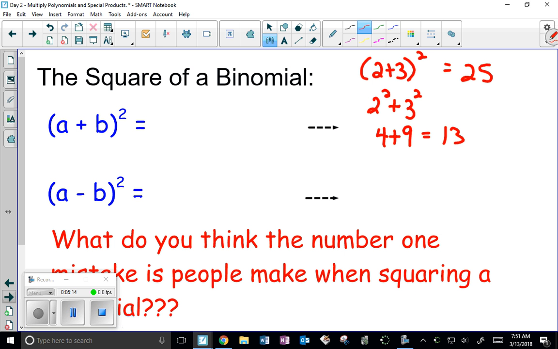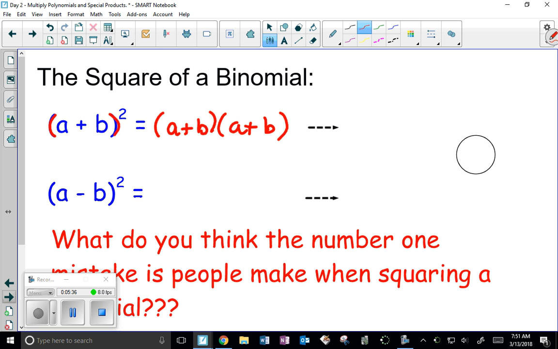That's because this whole thing is being multiplied by itself. So what that really means is A plus B times A plus B. That's really what it means. The whole thing times itself. Oh, well now I see it's a special product. Those are exactly the same. And so the first term, of course, is going to be A squared.